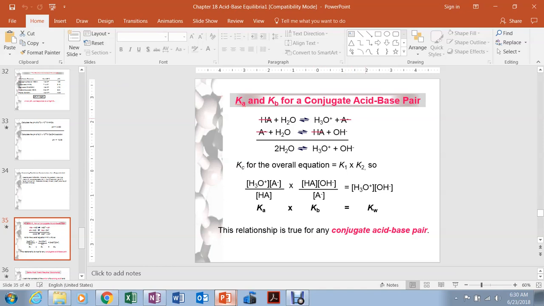So the Ka is here, here's the Ka, here's the Kb. And remember, when we add two equations, the K's you multiply. So the K for the overall would be Ka multiplied by Kb. That's where we got it from.